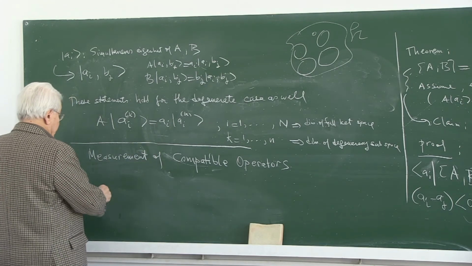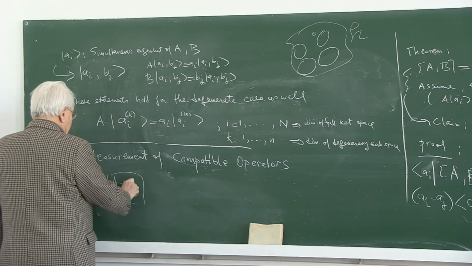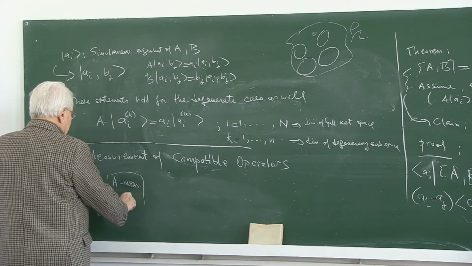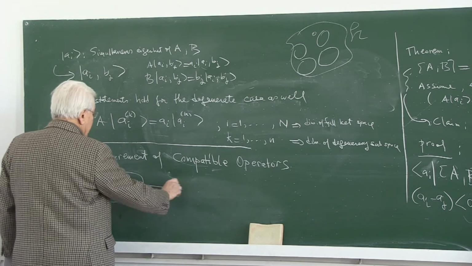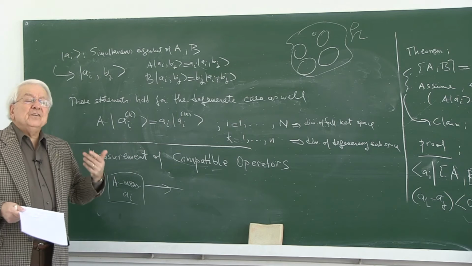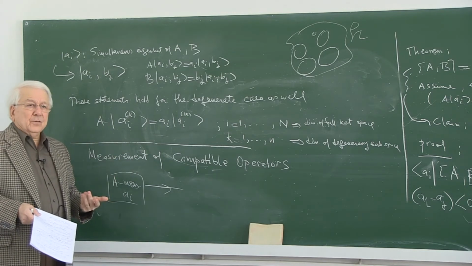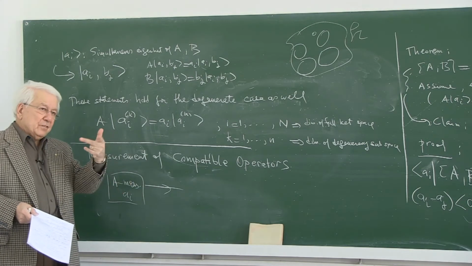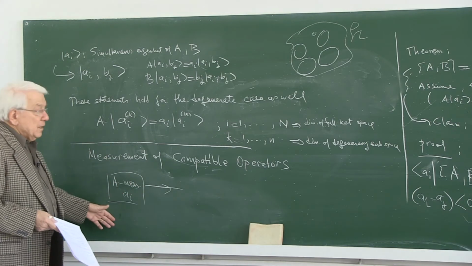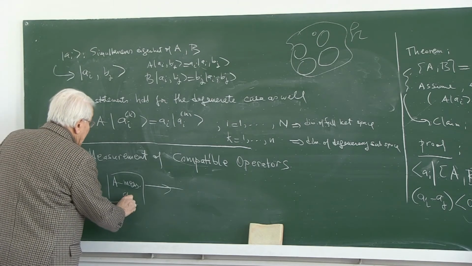Suppose at the first level, we measure A and find the value a_i. At the back of our mind, there's that beautiful setup, the Stern-Gerlach gadgets. You see, all these things make sense, although it's just a two-dimensional vector space. Anyway, the implications are more general than the two-dimensionality reflects.